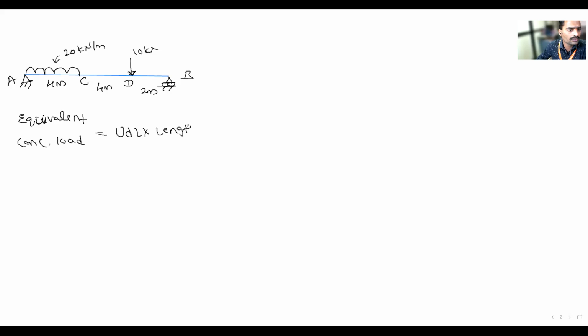So the UDL is 20 into 4, that is equal to 80 kilonewton. Okay, so the same figure I will redraw like this. This is the same figure only.